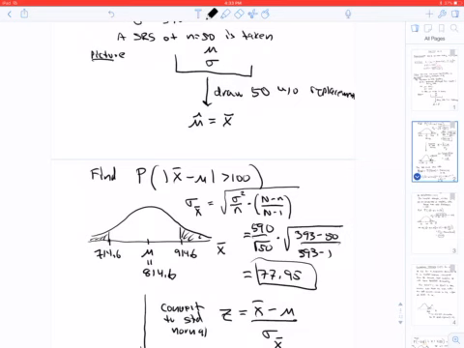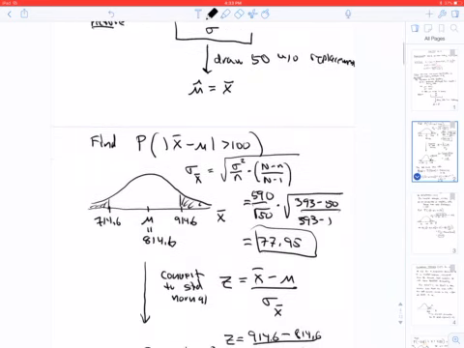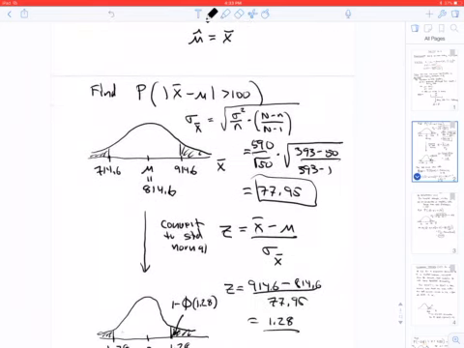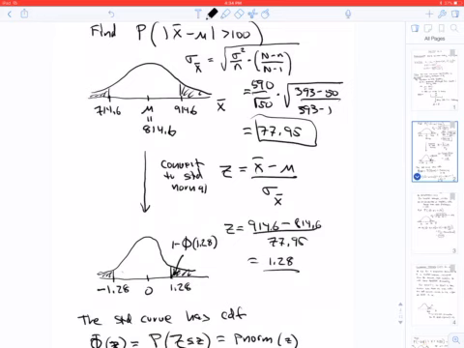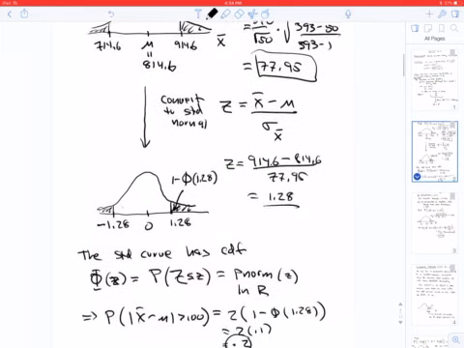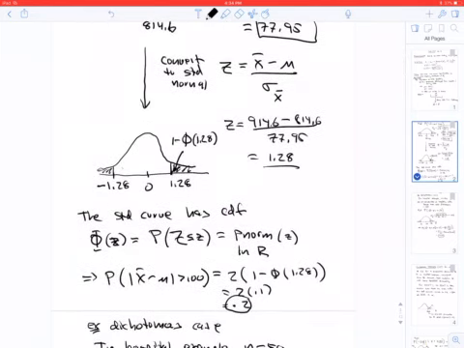We can calculate the standard error using the formula that we were given last time, or that's in the review from last time, and we calculate that to be 77.95. We can now convert our curve to a standard normal curve, and we see that the cutoffs here are 1.28 and minus 1.28.